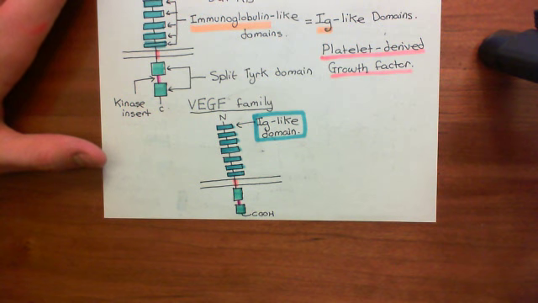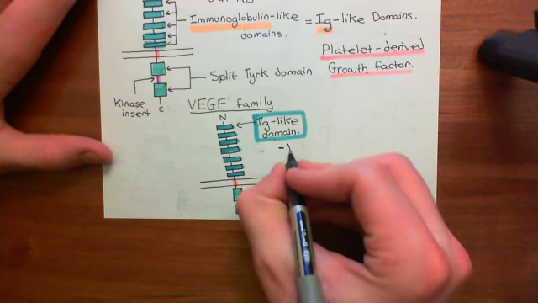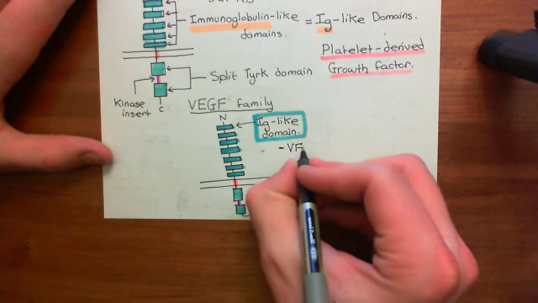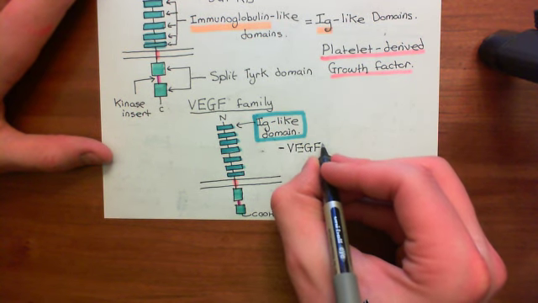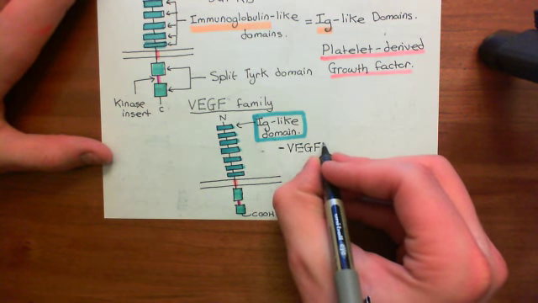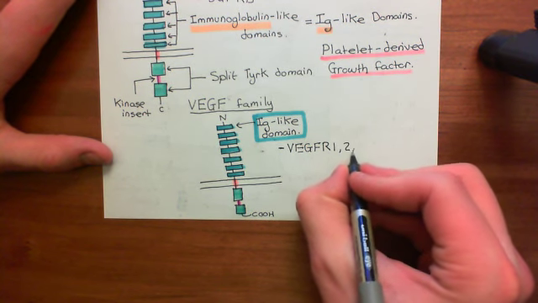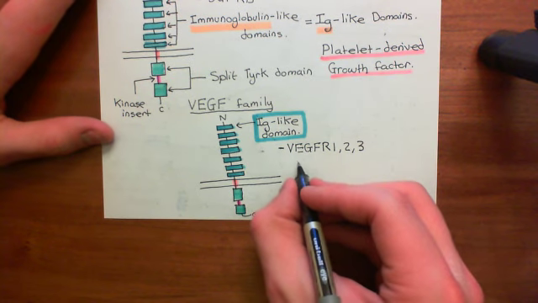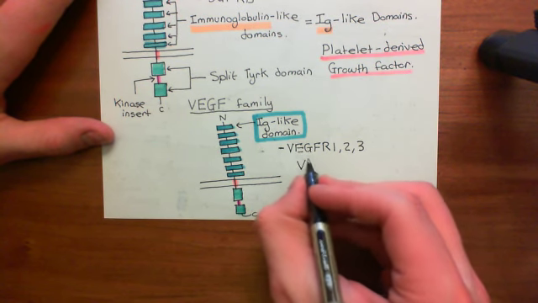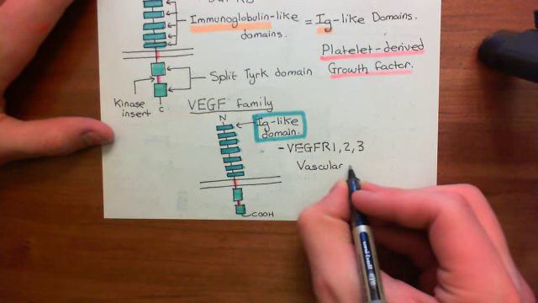Within this family there are three main receptors that I want to talk about, which are the vascular endothelial growth factor receptors. There are three of these: vascular endothelial growth factor receptor 1, receptor 2, and receptor 3. Once again, their ligand is the vascular endothelial growth factor, or VEGF.